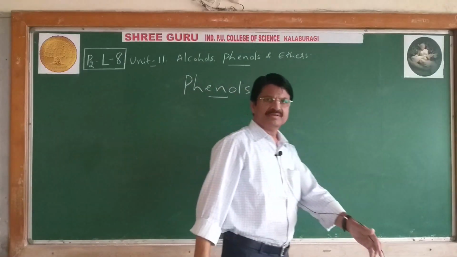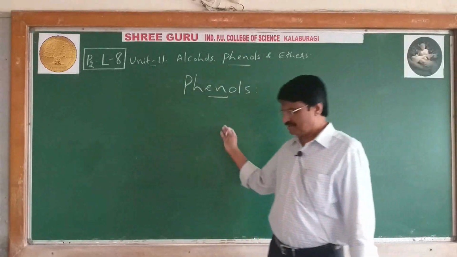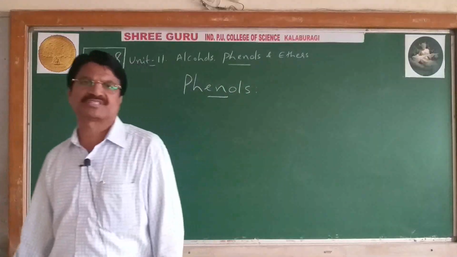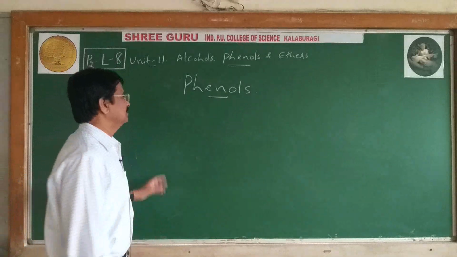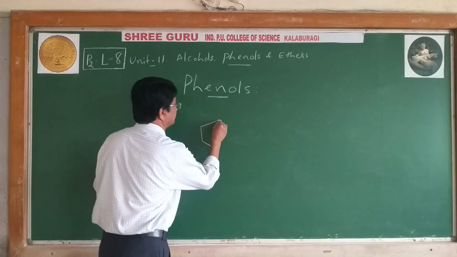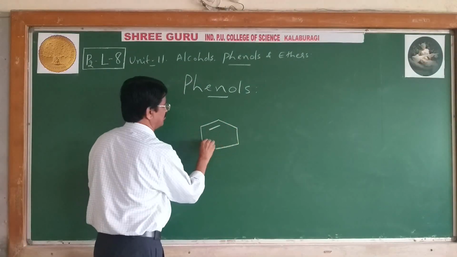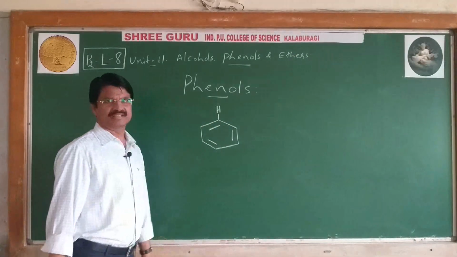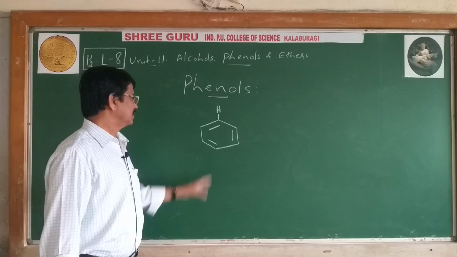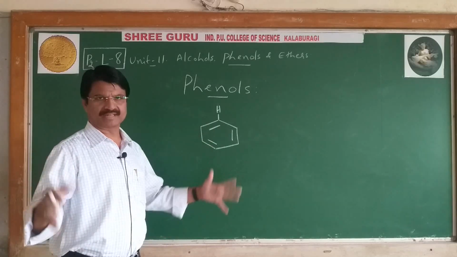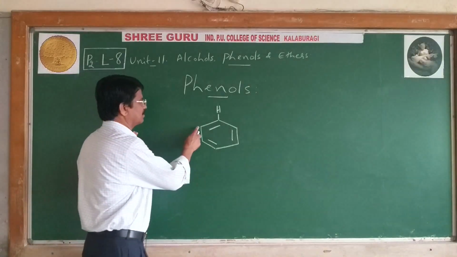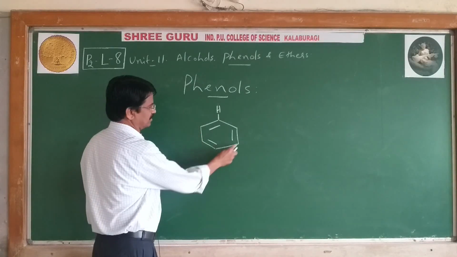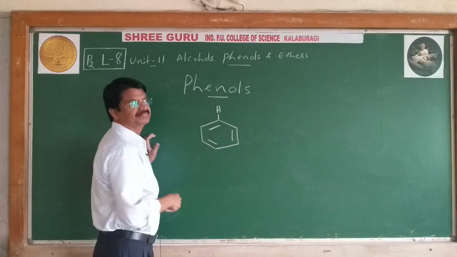Next, phenols. These are also a group of organic compounds. Yes, this is a benzene ring or aromatic ring. It contains carbon and hydrogen, CH, CH, CH, CH, CH, CH.